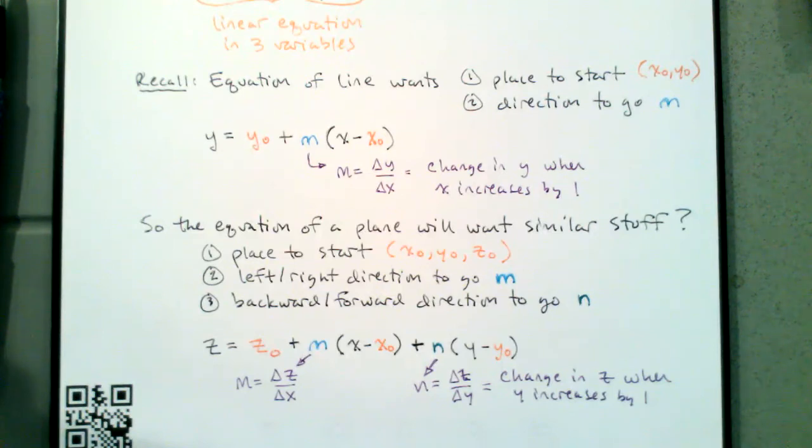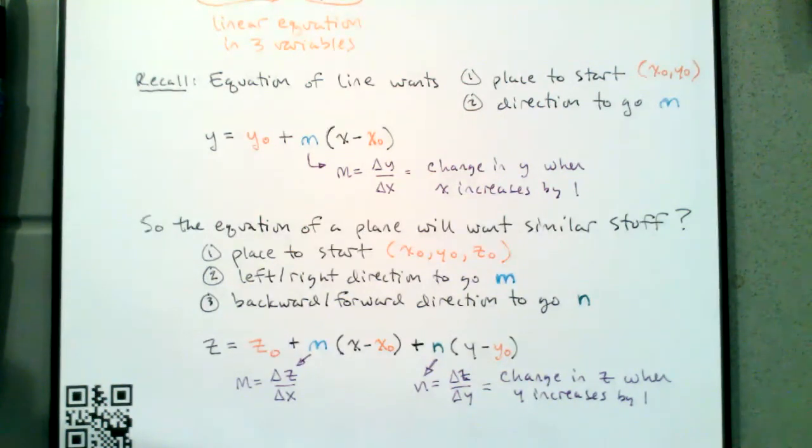All right, so notice that we go back to our original problem. We wanted to find the equation of a line tangent to a curve. We had to have a point, and then we had to have a slope. We needed a place to start and a direction to go. When we upgrade that to find the equation of a plane tangent to a surface, we still need similar information: a place to start and two directions to go.